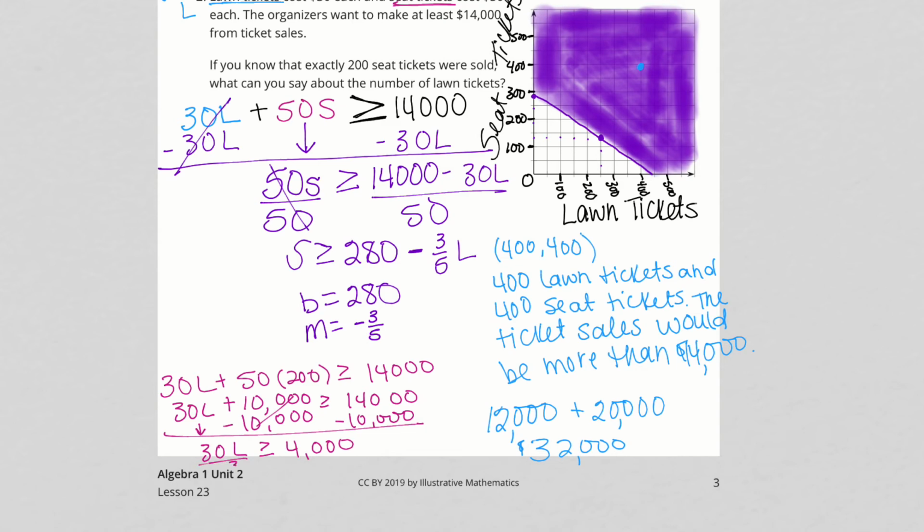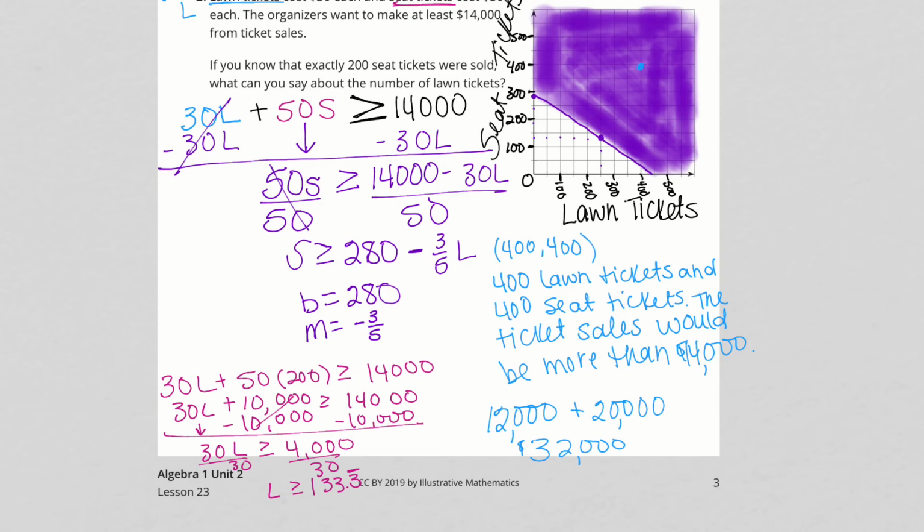Then if we divide by 30 on both sides, we get L is greater than or equal to, let's see here, 4,000 divided by 30 is going to be 133.3 repeating. Okay, so what does this mean?